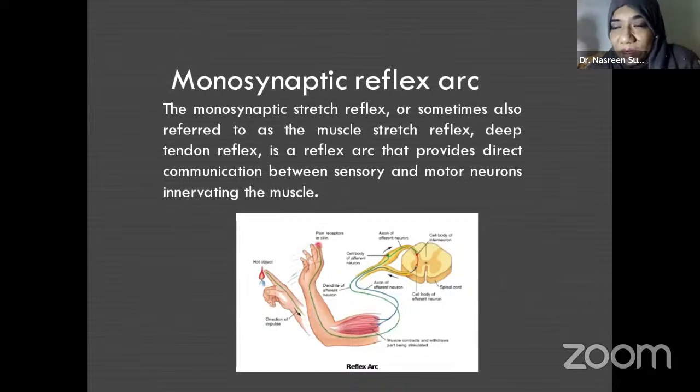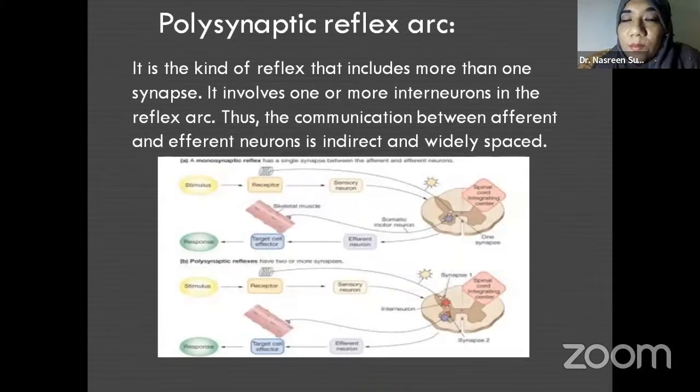Polysynaptic reflex means there will be more than one synapse. See, this is monosynaptic: from the receptor, the sensory neuron will go to the gray horn, and from here directly to the skeletal nerve.